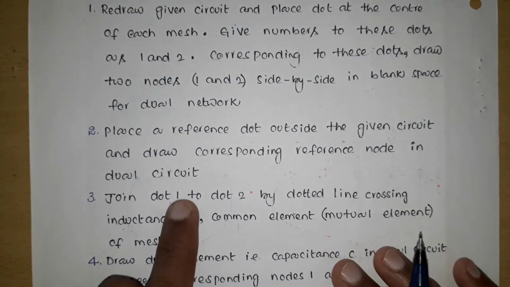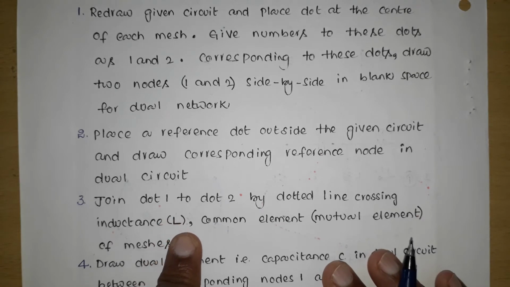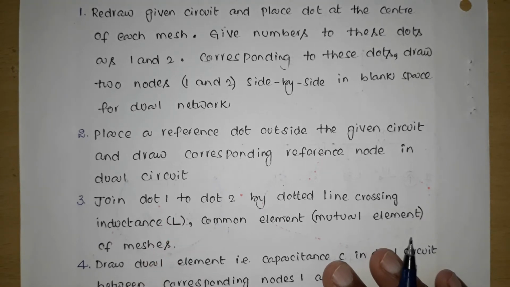The second step is to place a reference dot outside the given circuit and draw the corresponding reference node in the dual circuit.